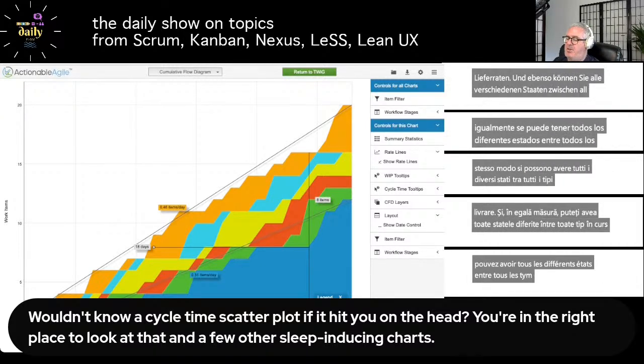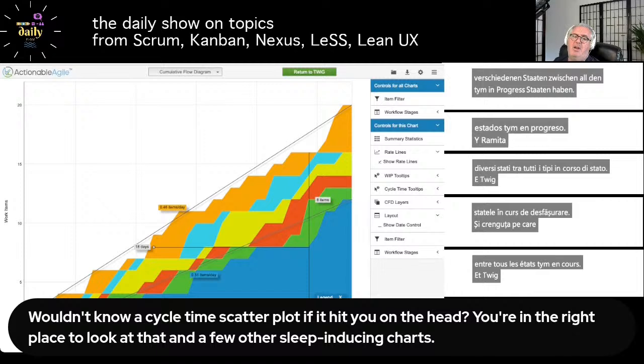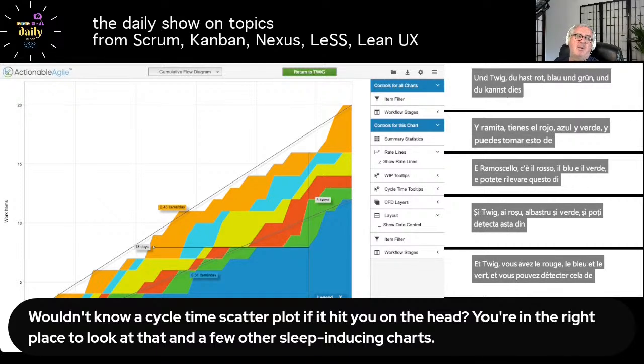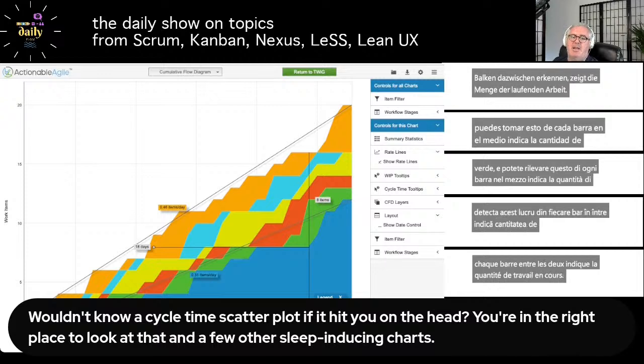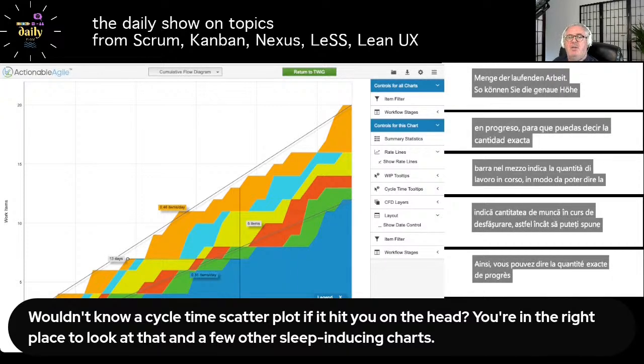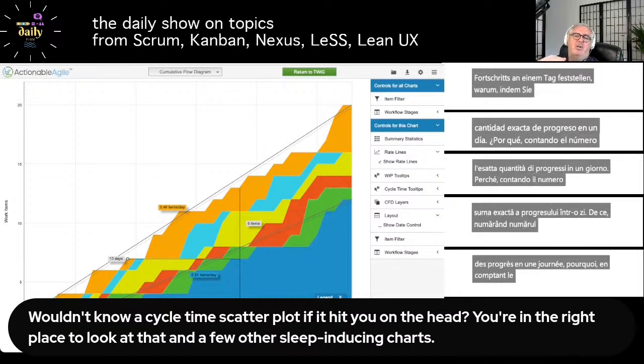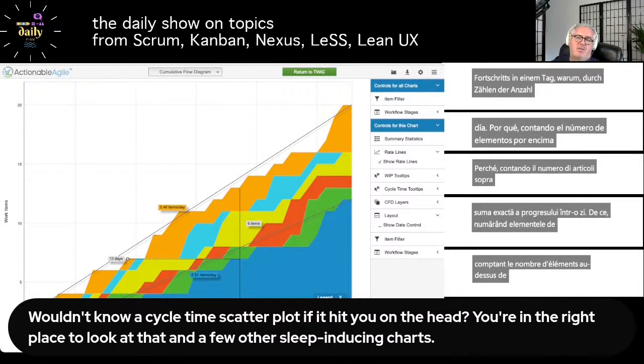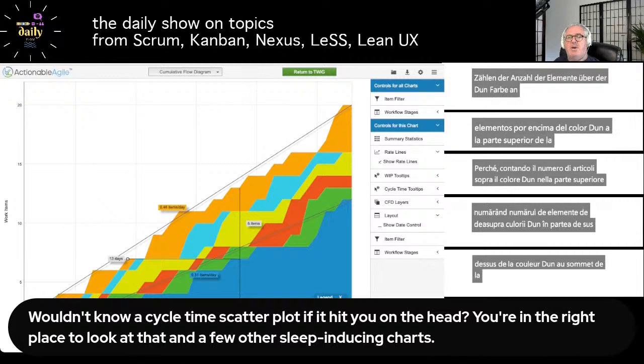In Twig, you've got the red, the blue, and the green, and the thickness of each bar in between indicates the amount of work in progress. So you can tell the exact amount of progress in a day by counting the number of items above the done color to the top of the in progress colors, and that gives you an indication.